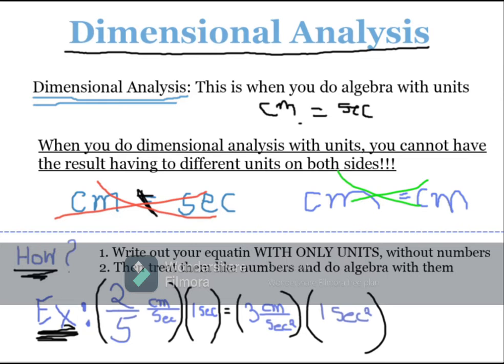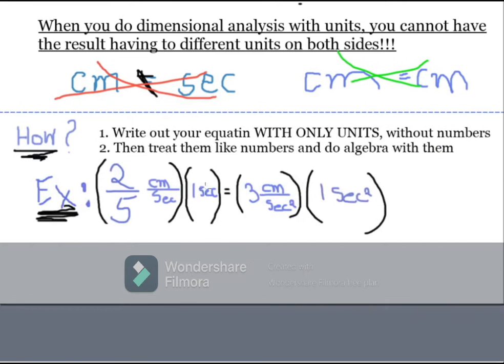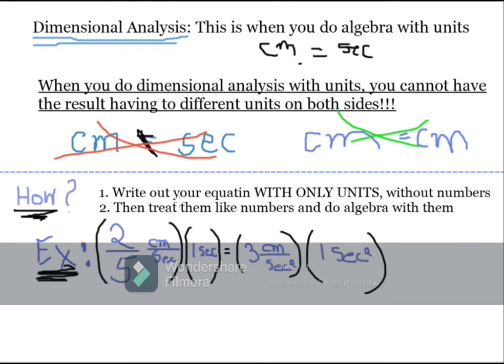Okay, so let's look at an example. You probably have a question about how to do dimensional analysis. I may have explained it, but you still may have a question, so this is an example that can clear it up. Write out the equation with only units, without numbers, and then treat them like numbers and do algebra with them.